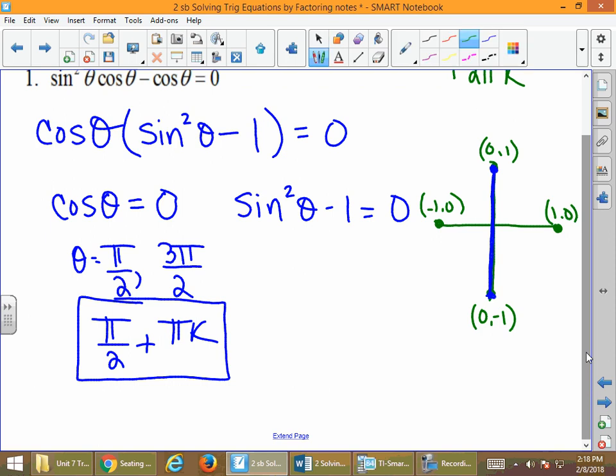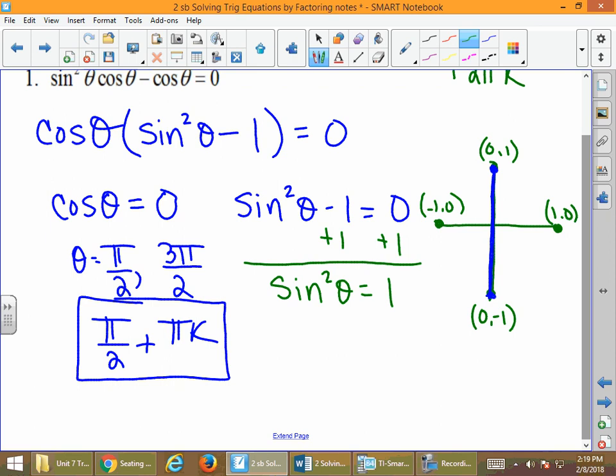We need to look at sine squared theta minus 1 equals 0. We have to solve this equation. So we'll start by adding 1 to both sides. And we get sine squared theta equals 1. So we have the trig function by itself, but it's squared.